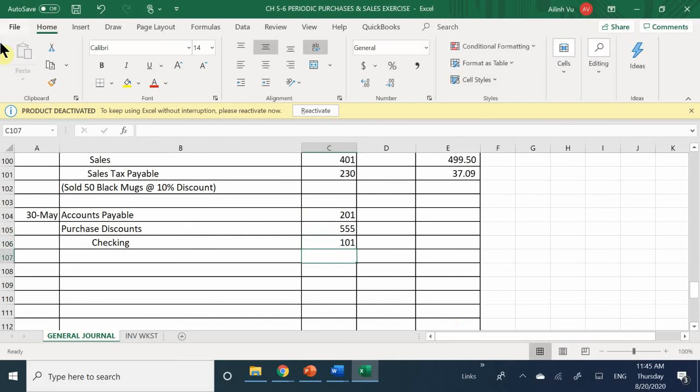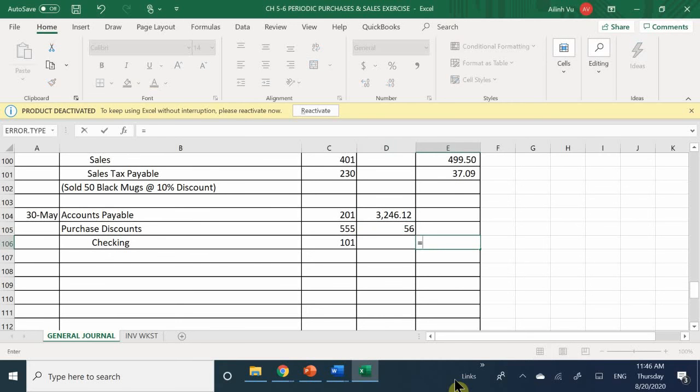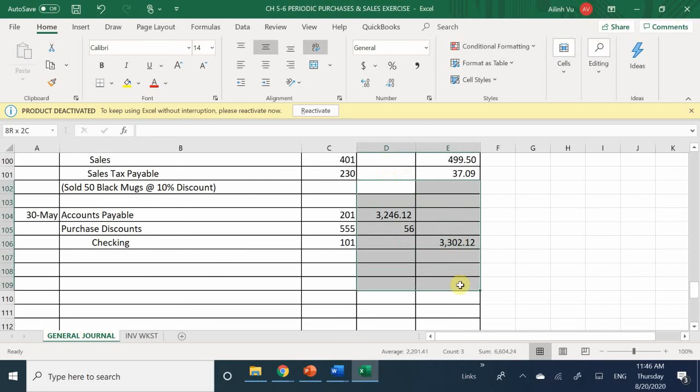All right, so the grand total of how much I owe was $3246.12. We have to add our $56 that we got discounted for. So our grand total is going to be this amount, $3302.12.